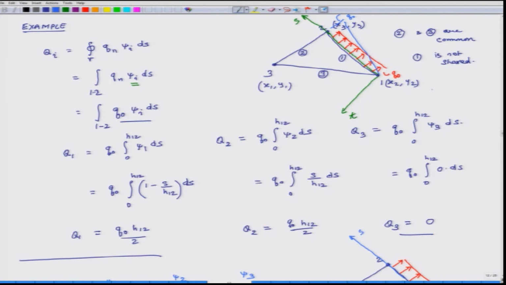Then Q will be nothing but Q naught times S in that case, right? In that case, this Q will go inside the integral, then you have to integrate it and accordingly update these numbers. Understood? So, if Q is not constant, you just do not take Q outside the integral, and you will again get the correct answers.